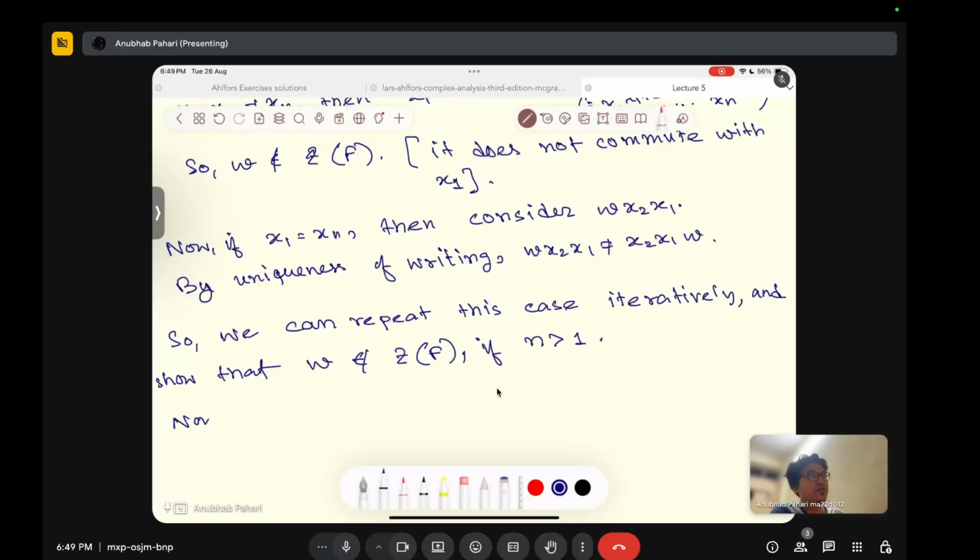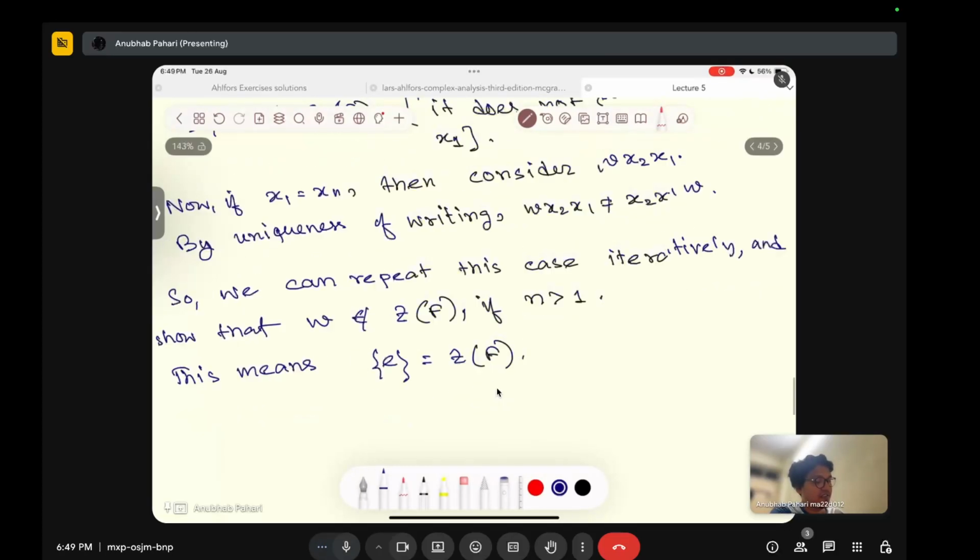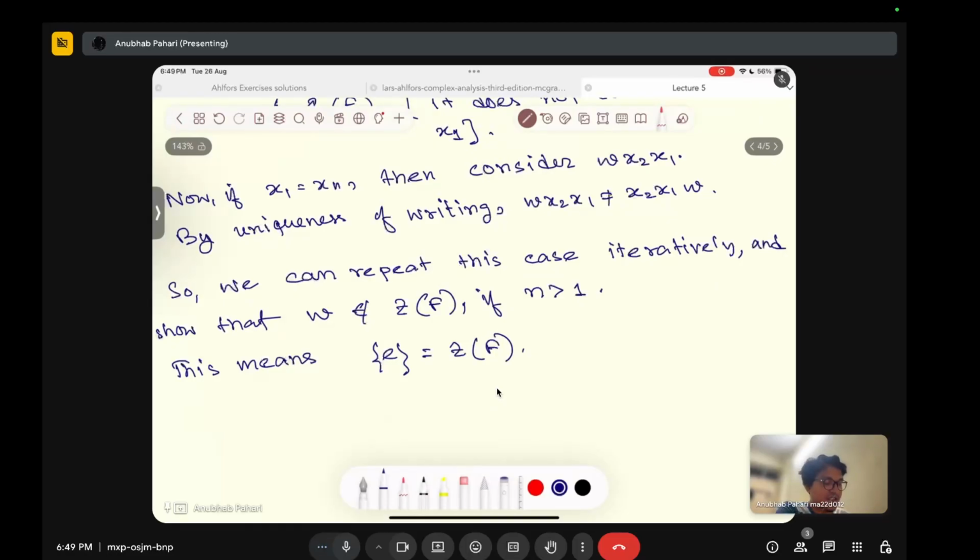This means that the only element of Z of F is the identity. So this completes our question.